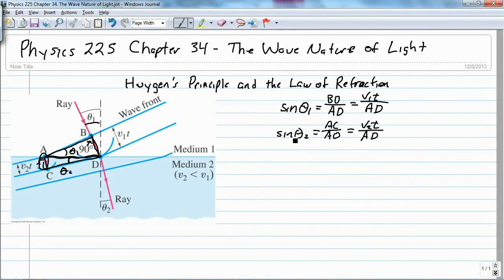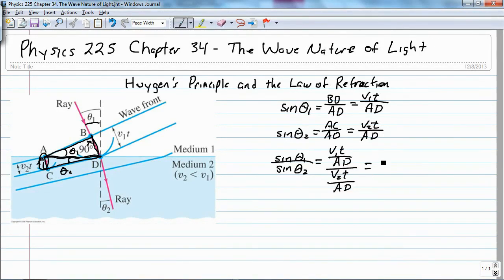And now I can divide both sides. I can take sine of theta 1 divided by sine of theta 2 is equal to, and I'm just going to divide these over here, V1 times T over AD divided by V2 times T over AD.